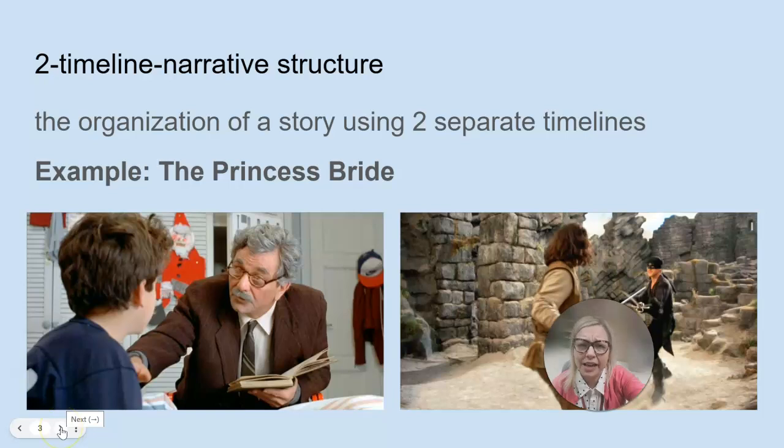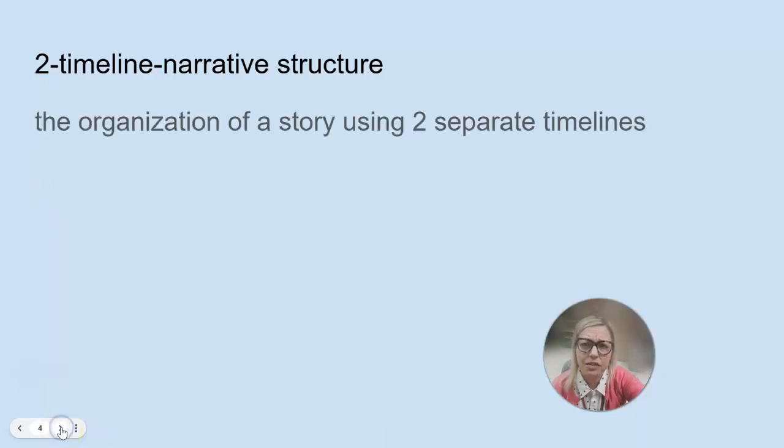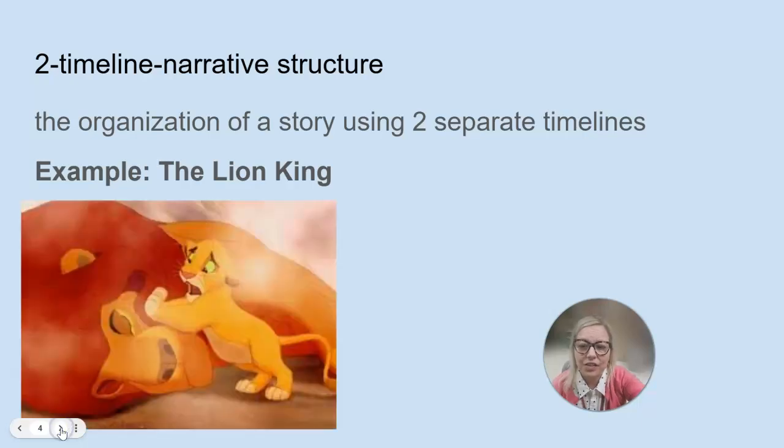Another one that has two separate timelines is The Lion King. In The Lion King, we have at the beginning events that happen when Simba is a little child. Right, and that timeline ends roughly with the death of his father, and of course he feels guilty for it, so he leaves.